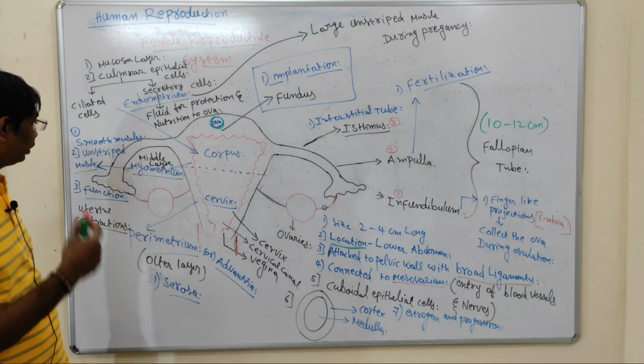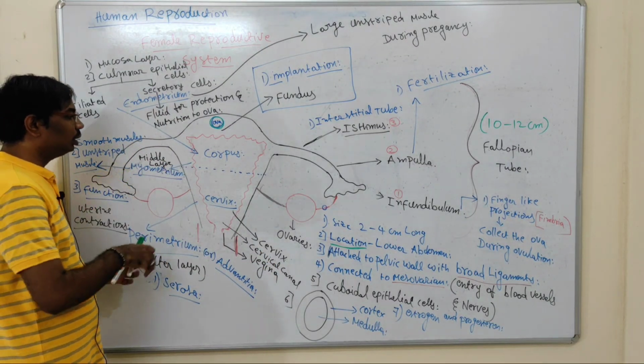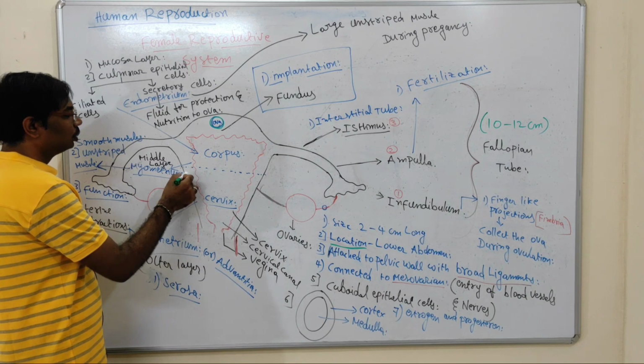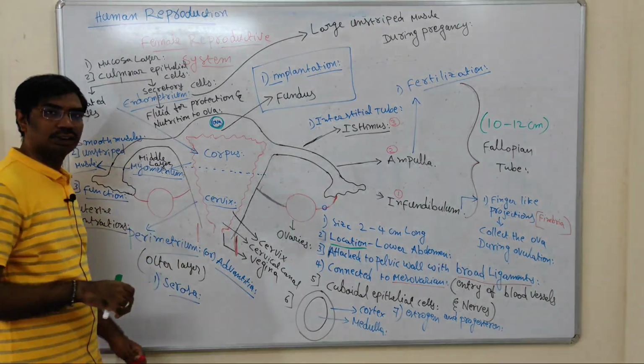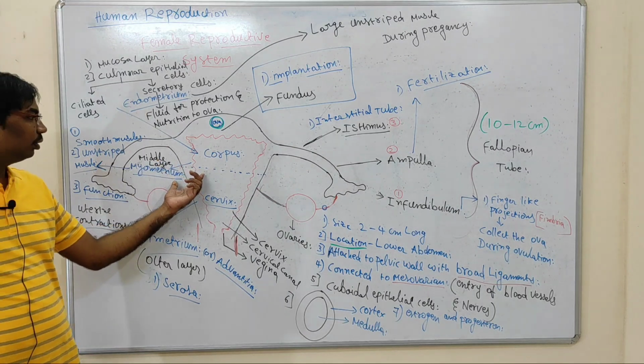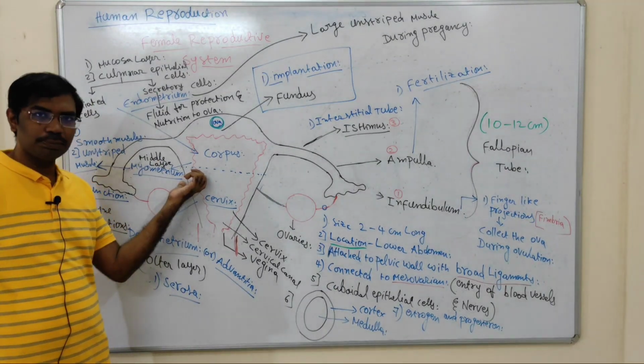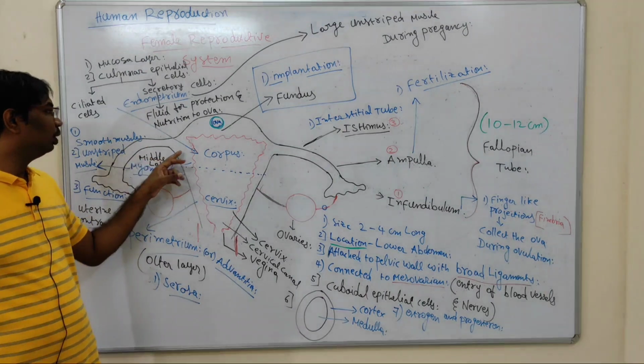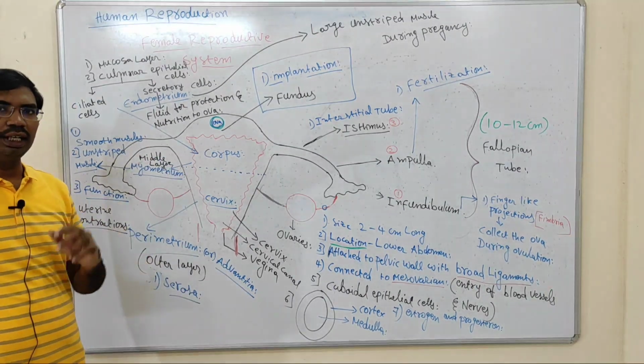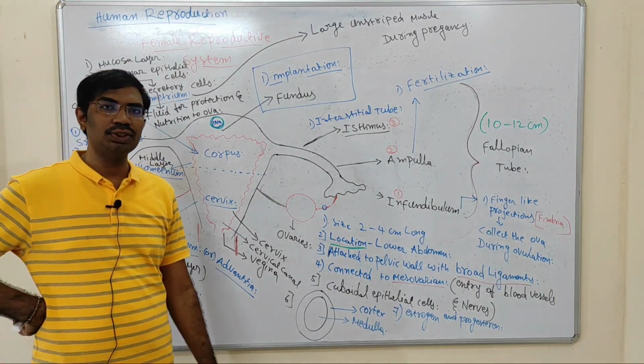Now see the thickness of the uterine walls. This area appears more thick because the wall is made of 3 layers. What are those 3 layers?